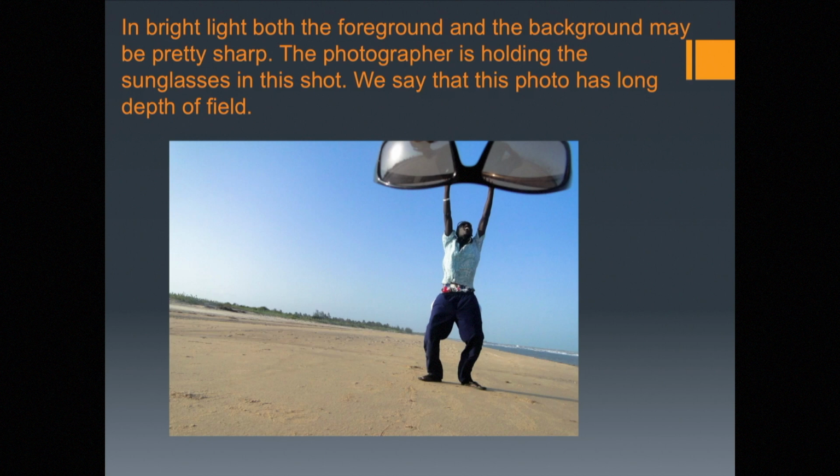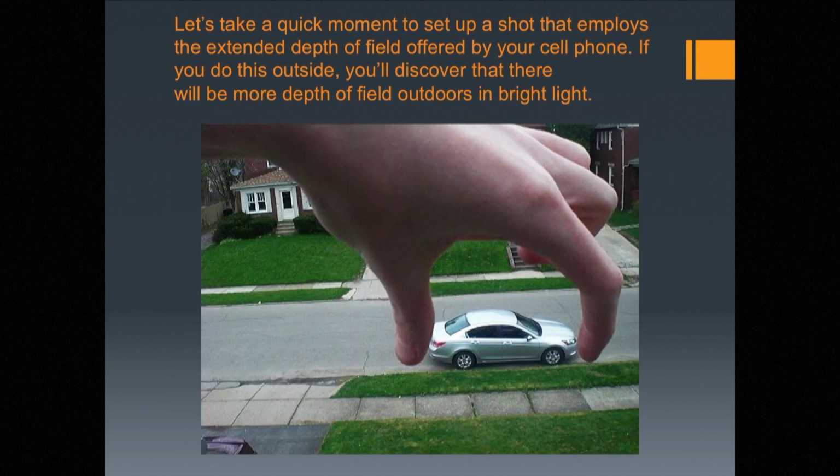So let's take a quick moment to set up a shot that employs this extended depth of field offered by your cell phone. This is a big plus. Big grown-up cameras, DSLRs, you can't do this. They don't have long depth of field like this. So if you do this outside, you'll discover that there will be more depth of field outdoors in bright light.